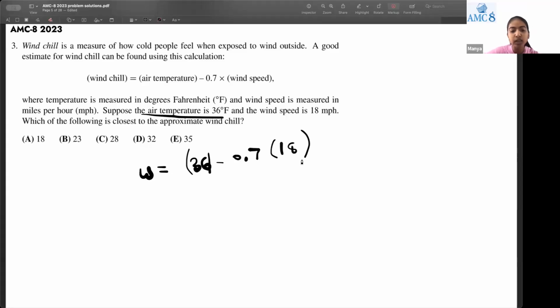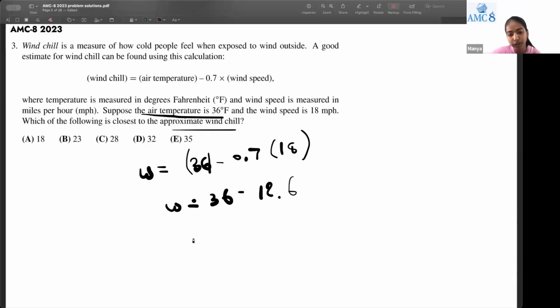Which of these is closest to the approximate wind chill? So we can do that: wind chill is equal to 36 minus 0.7 times 18. And 0.7 times 18 is approximately equal to 12.6.